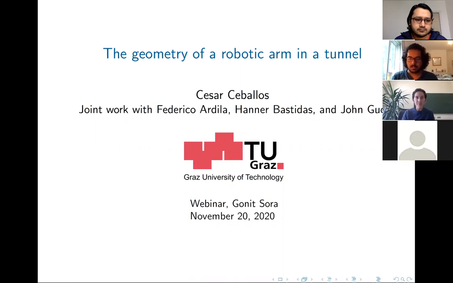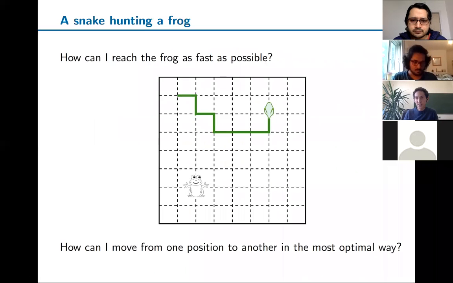Okay. So before talking about this, let me start with a nice problem. Suppose you are a snake and you want to hunt a frog. Okay. And then you ask yourself, how can I reach that frog as fast as possible? Or how can I move from one starting position to another one in the most optimal way?